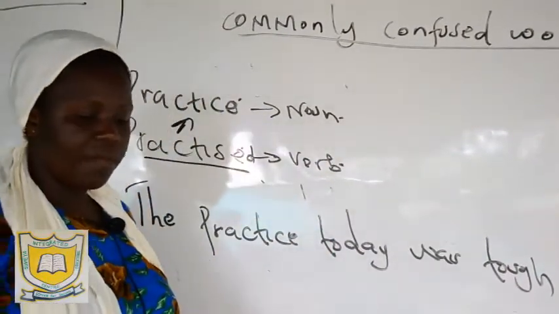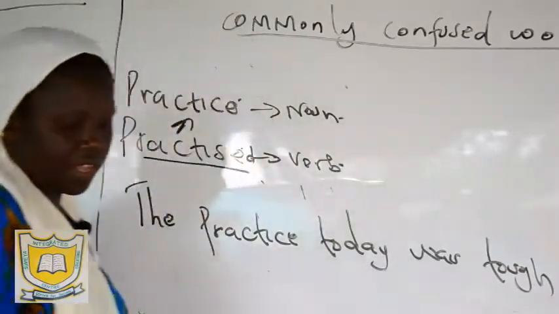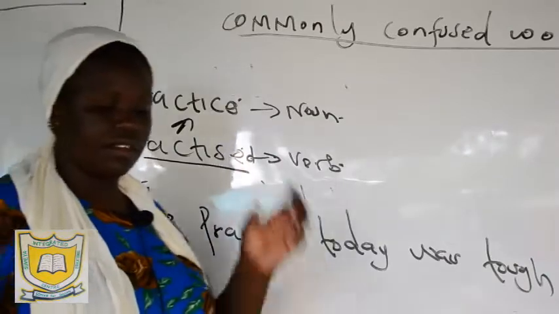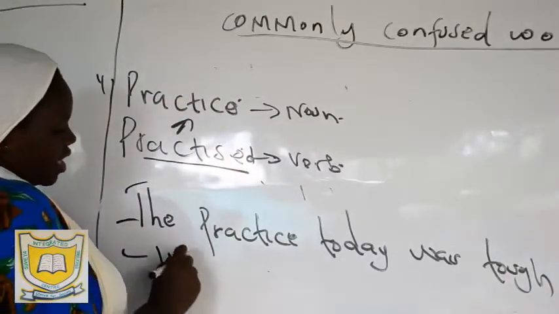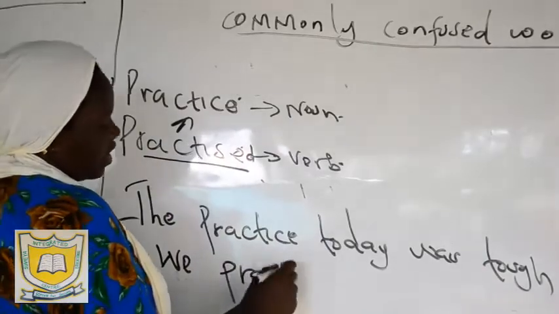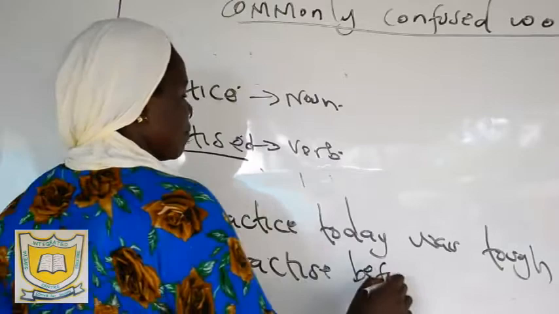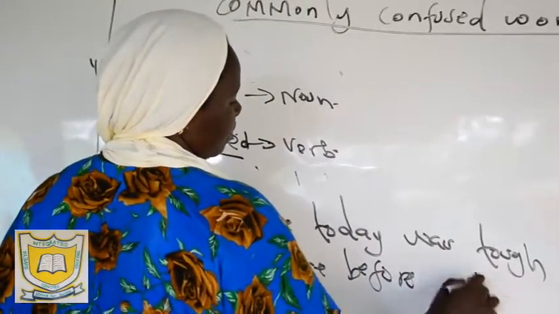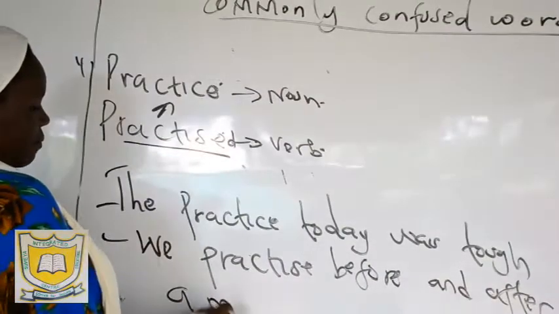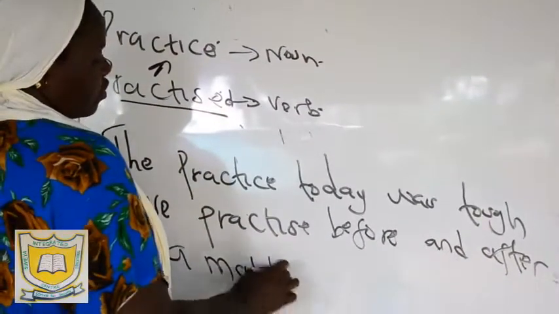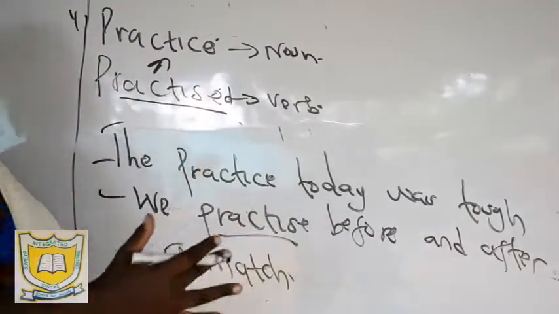And then we can have practice with an S, which is a verb. For example, we can say we practice hard. We practice before and after a match, which means what you do before a match, the activity, the action.